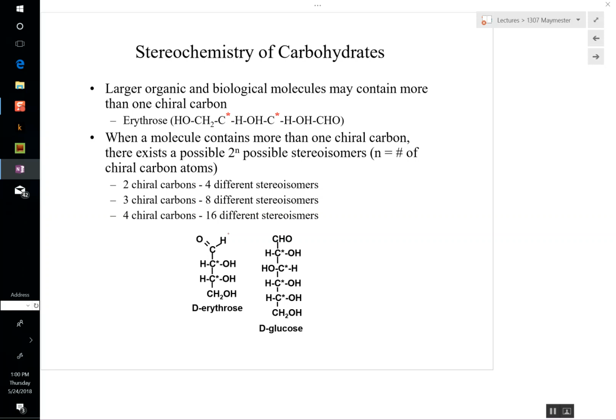Okay. I do want these ones here. And when it cyclizes, so what is this? Is this D or L? Well, it is flat. These are fading away from you. This is horizontal. And what side of that? Left.